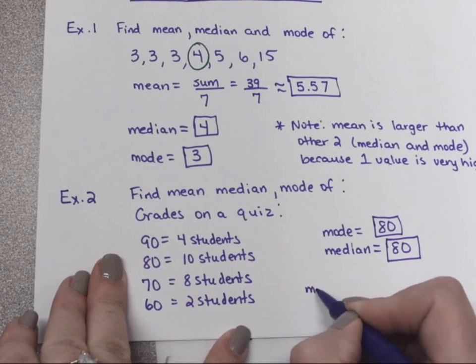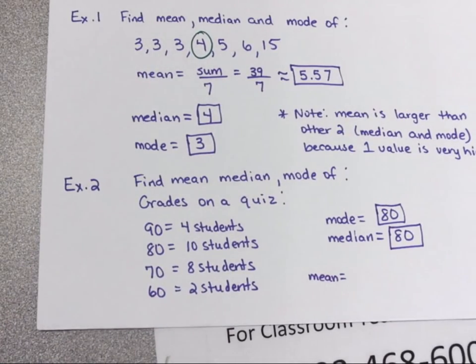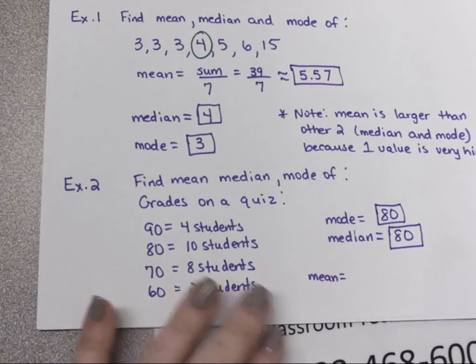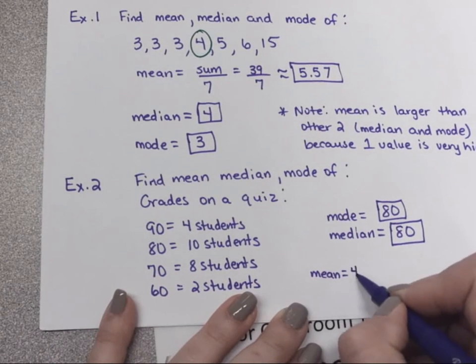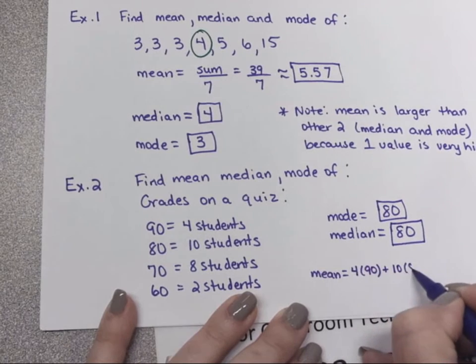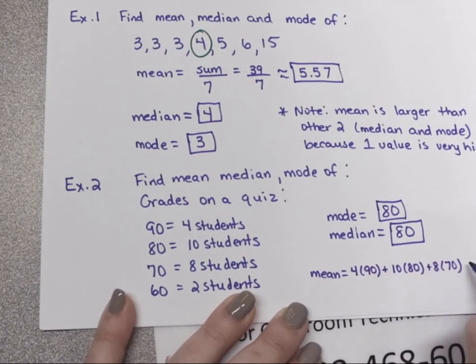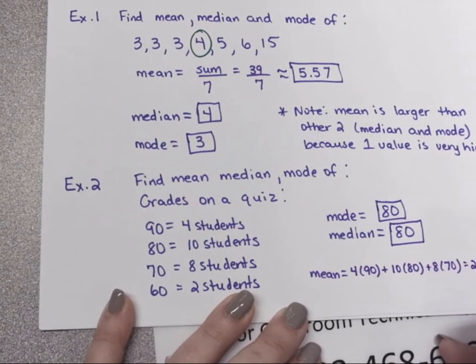The mean, even, we can shorten up a little bit. I don't know about you, but I don't want to add 24 numbers together. And we shouldn't really have to if we just do it a little smarter. So we can just do it like this. I have 4 90s, 10 80s, 8 70s, and 2 60s.